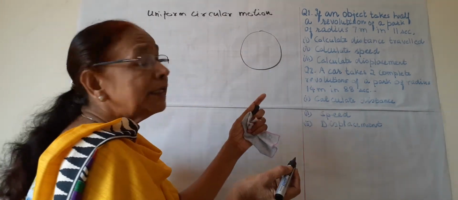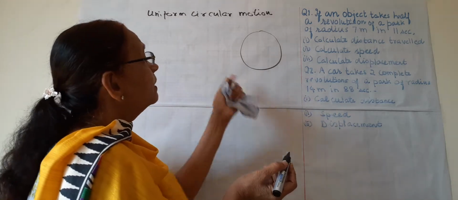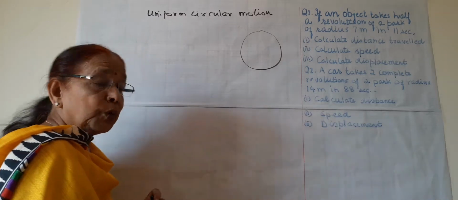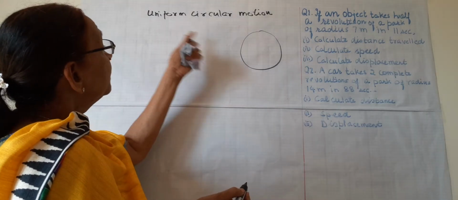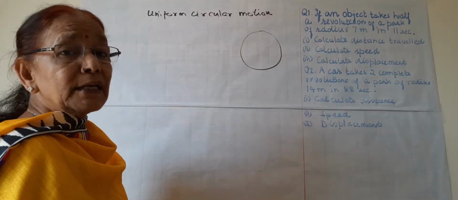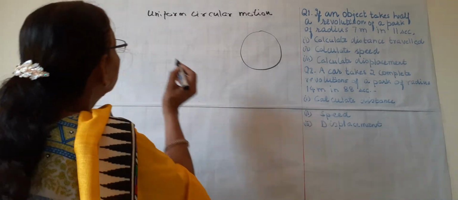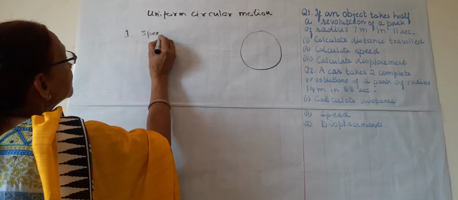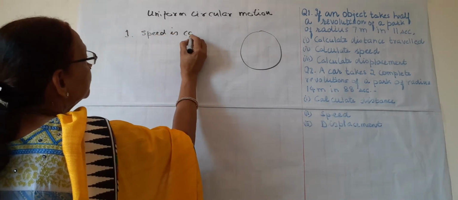A park may be there, a track may be there, and somebody is walking or traveling in circular motion. Then it is known as uniform circular motion. What is the specific characteristic of this uniform circular motion? That is, speed is constant.